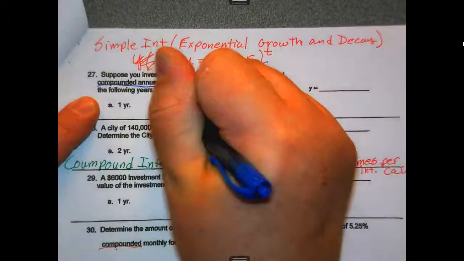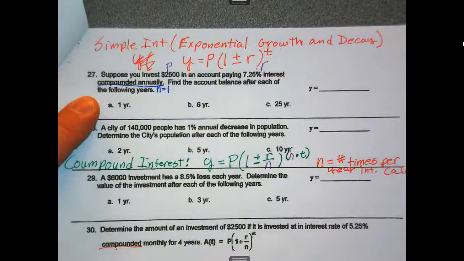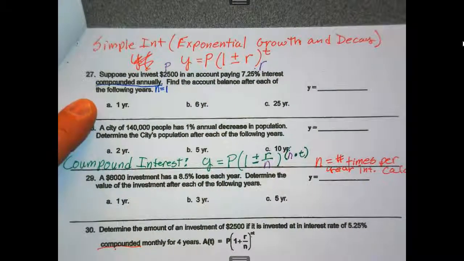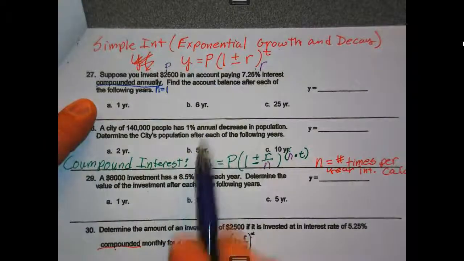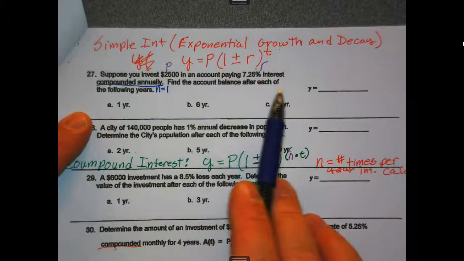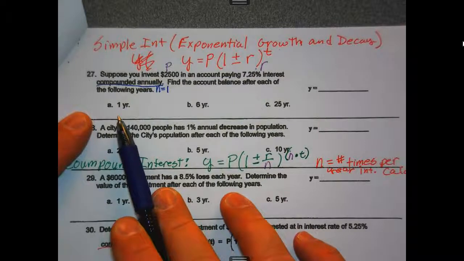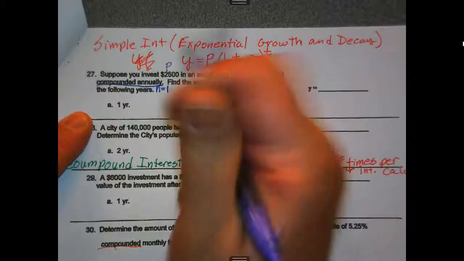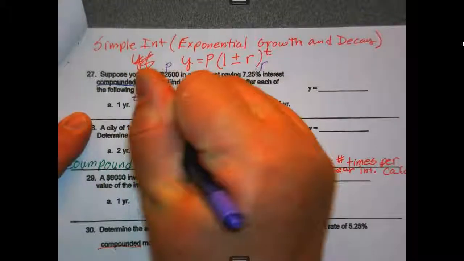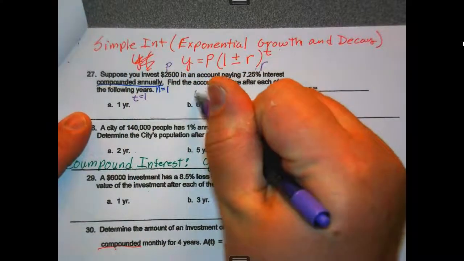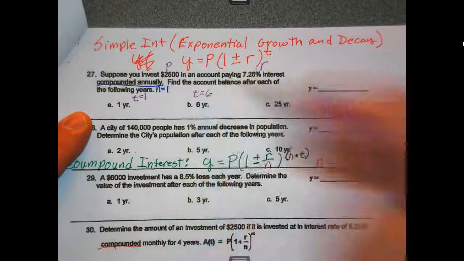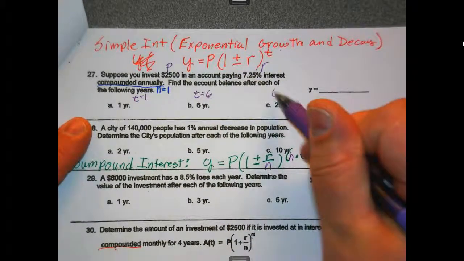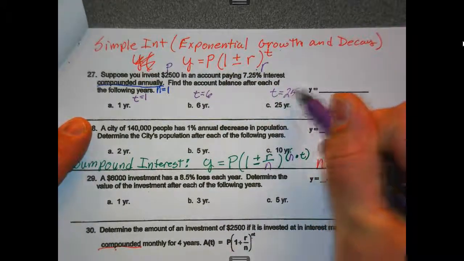That means my N equals 1, so we're going to have to use the more complicated formula here. Find the account balance after each. Now these are full years, so these are my T's. So here T equals 1. Here T equals 6. Here T equals 25.